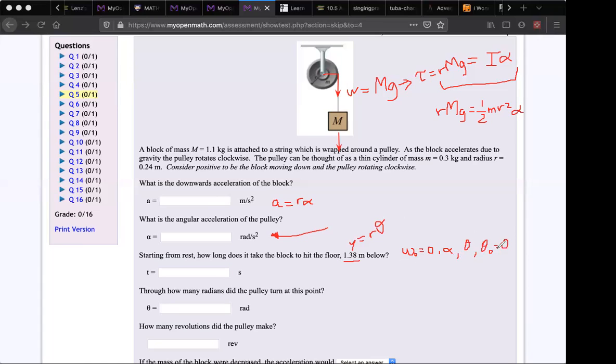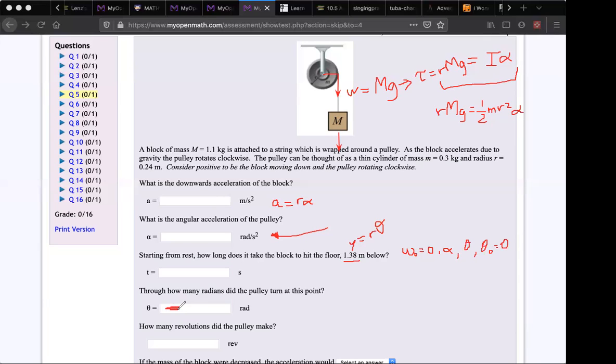Then you can use a kinematic equation to find time here. And when you use this distance in y to calculate theta, you can put that answer down here in that section, and so on and so forth.